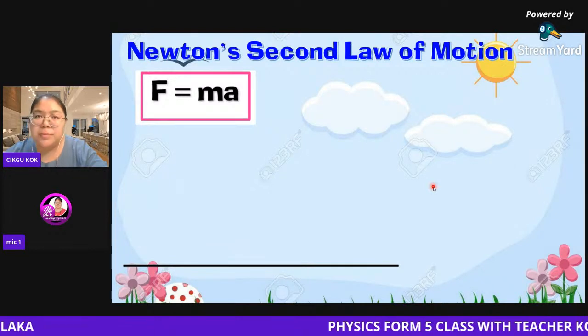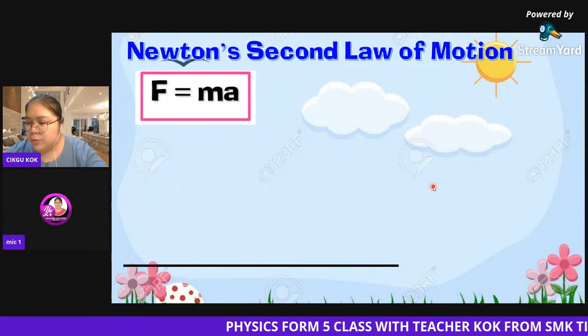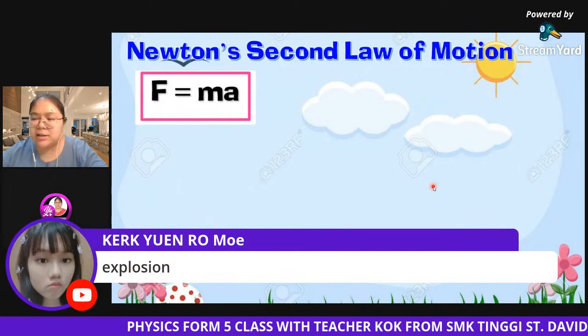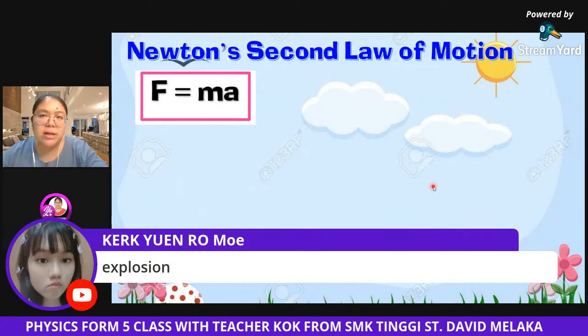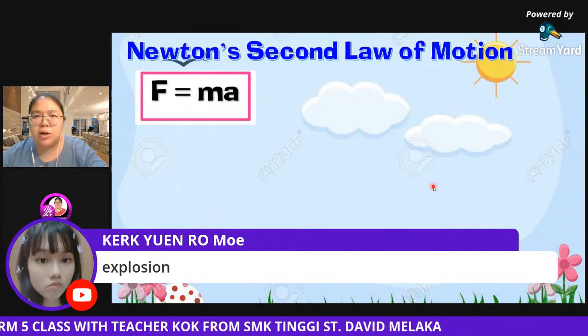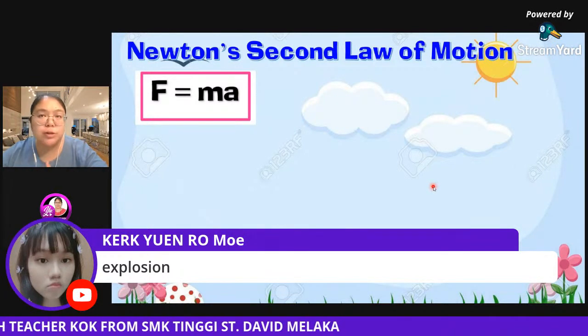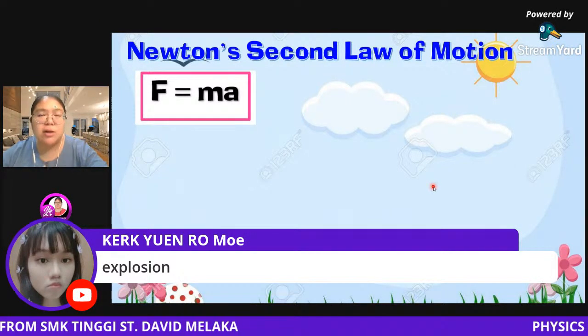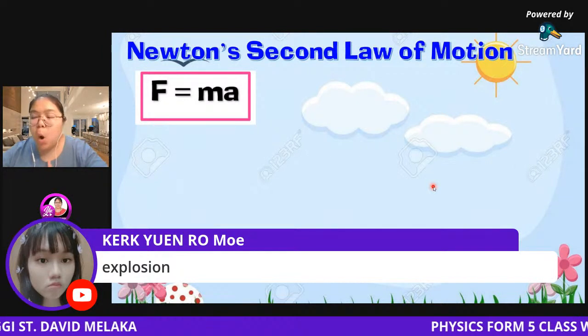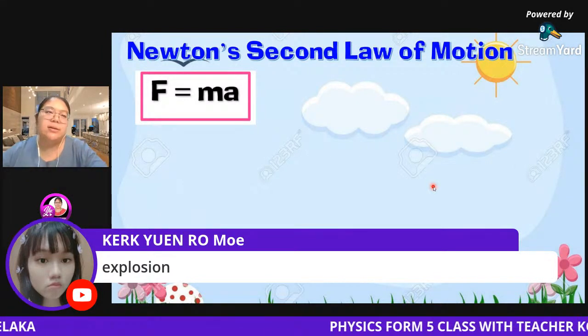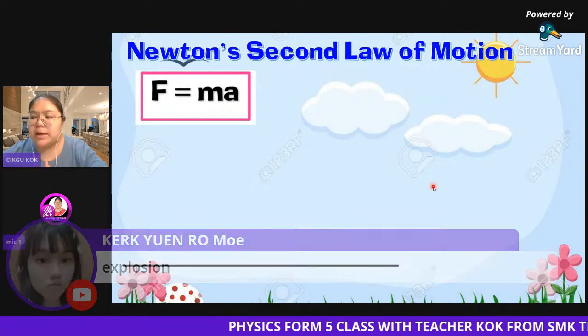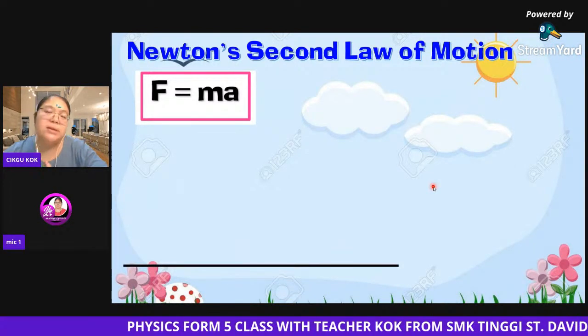The answer is explosion. The third law actually explains the same concept as the explosion. Action and also reaction, but in opposite directions. The magnitude is the same, just they move in opposite directions.